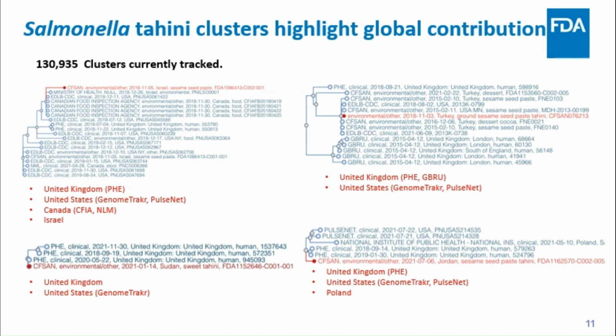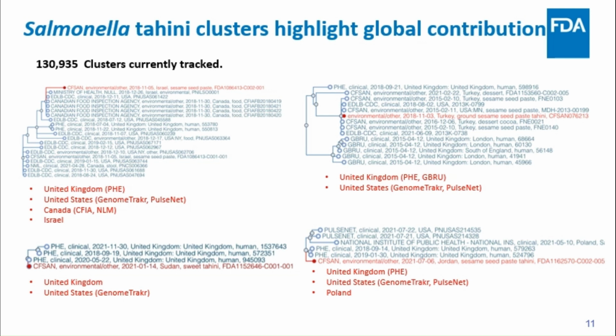And this is an interesting case, and we're seeing more like this, where a product from one country, this was tahini from Israel, were linked to illnesses in the United Kingdom, Canada, and the US. And what it shows is that many foods that are traded globally, if they become contaminated, then you see clinical cases showing up around the world.